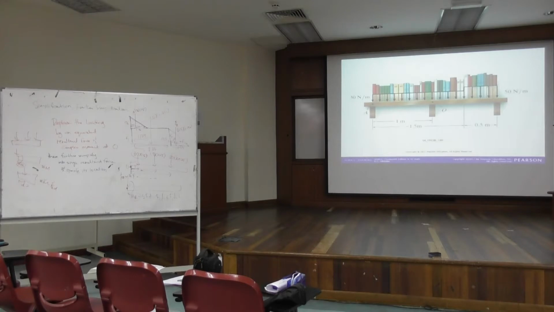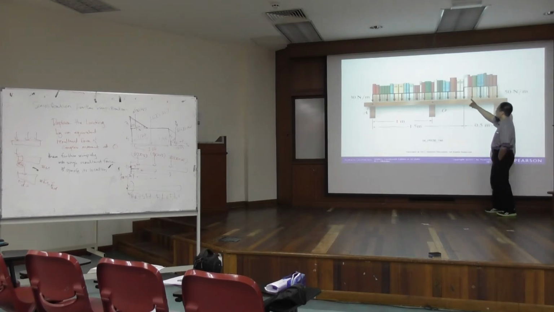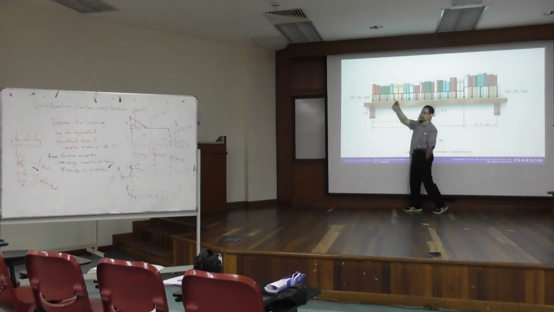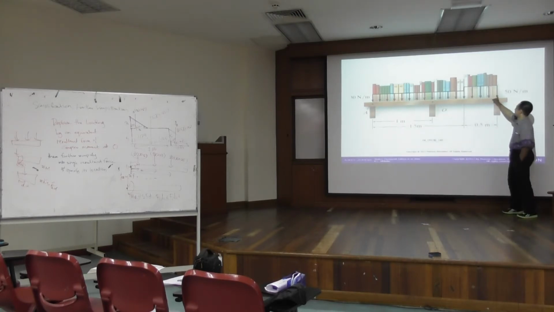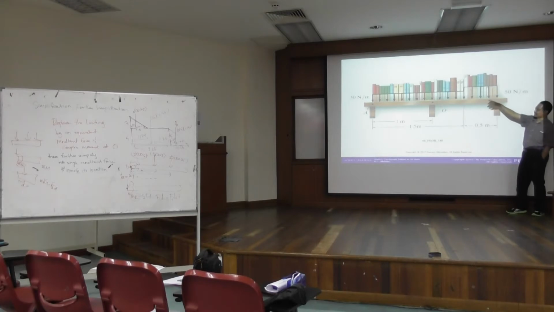You just ignore all the books. You just focus on the rest. This one is one triangle, right? And this one is another, not triangle, rectangular. Anyway, this one is simple, right?